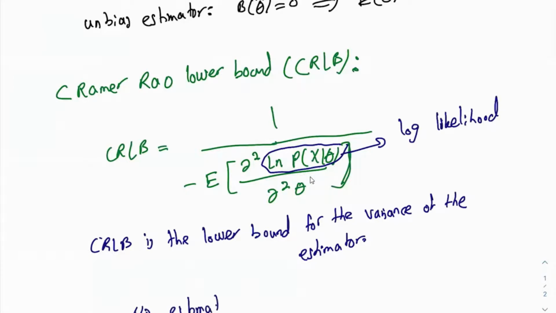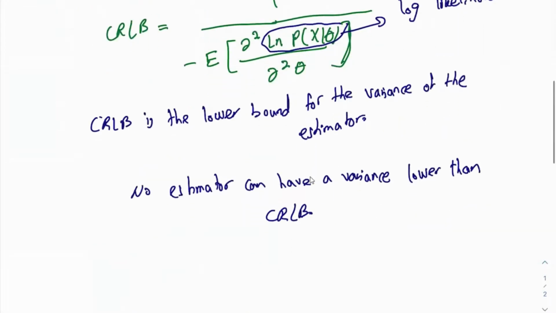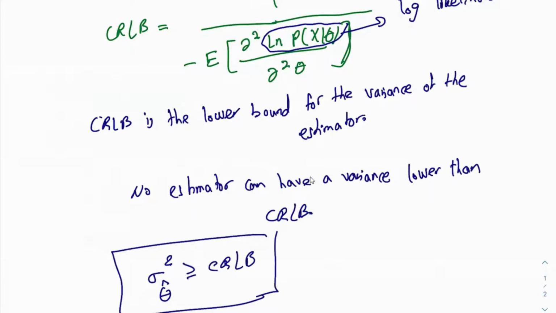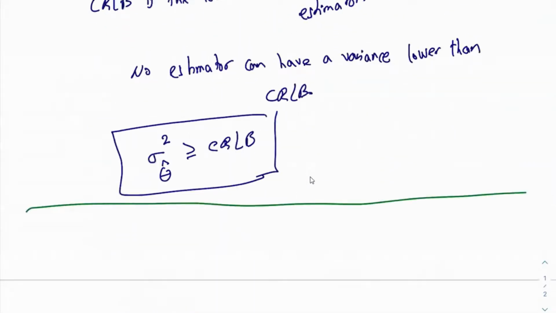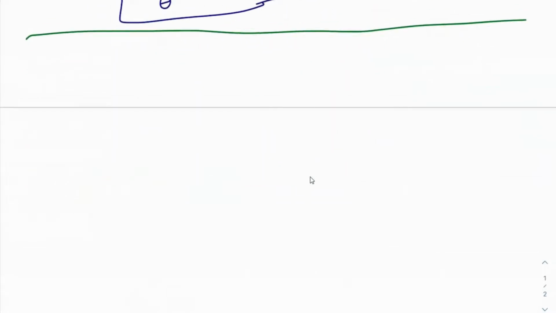It's a lower bound for the variance of an estimator. Mathematically, it means this: the variance of theta hat is greater than or equal to the CRLB. Great. So that's the CRLB.